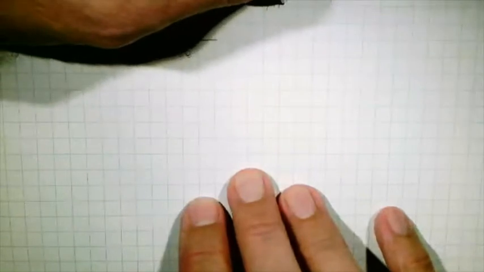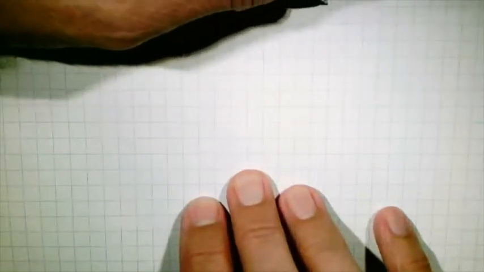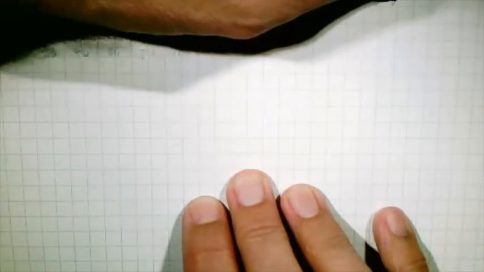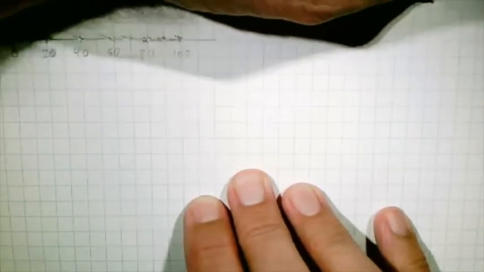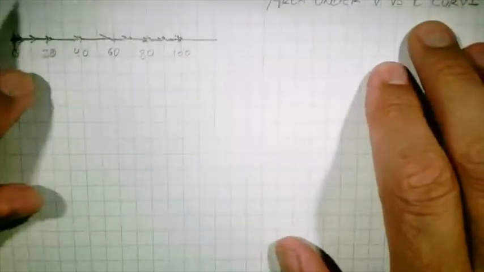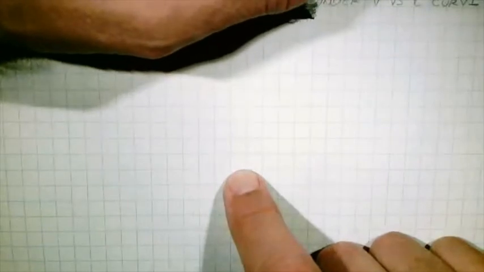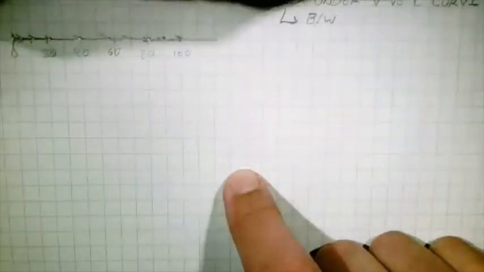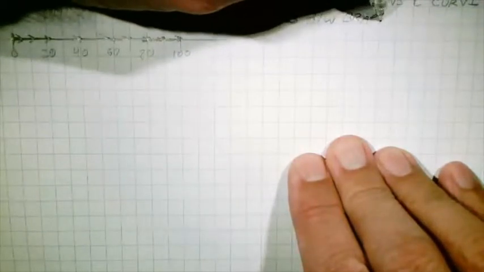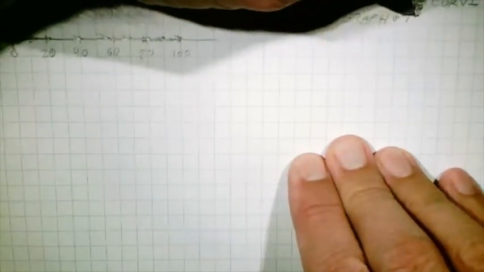So I'm going to write it over here. Area under the velocity versus time curve. And this is just an expression we use, area under the curve. It really means area between the graph and time axis.